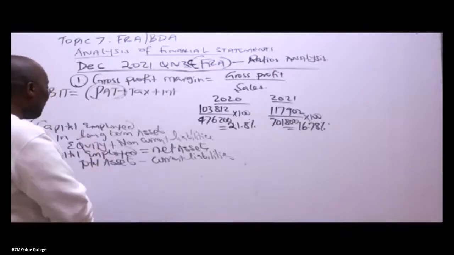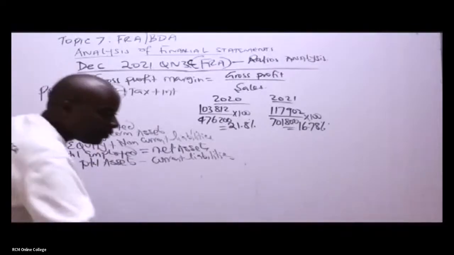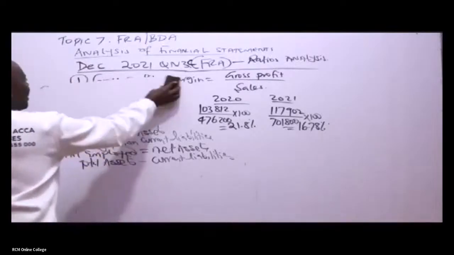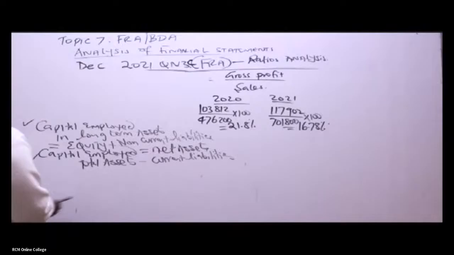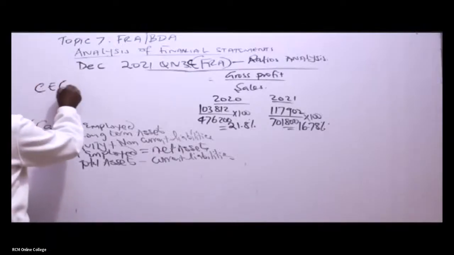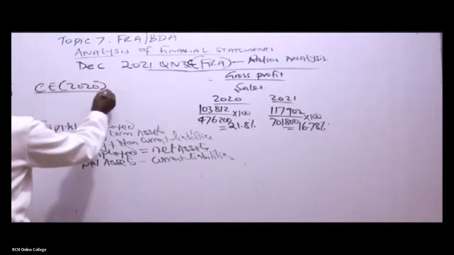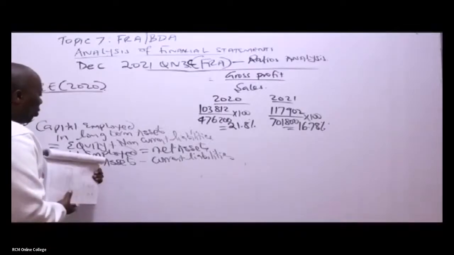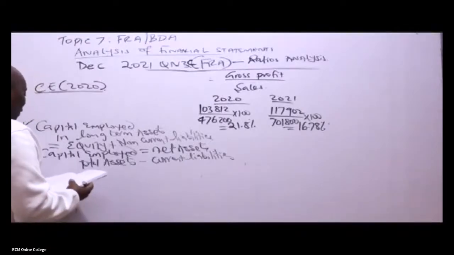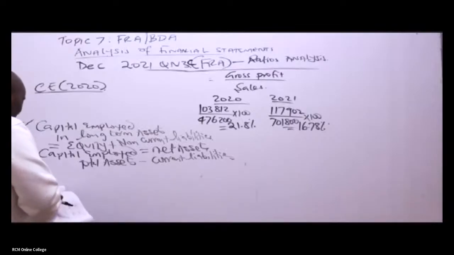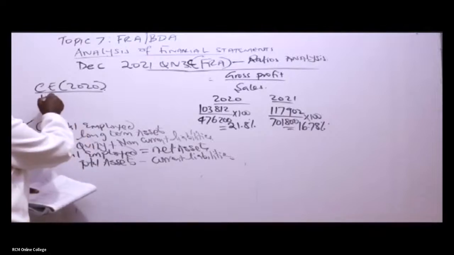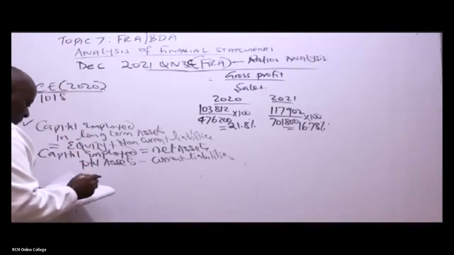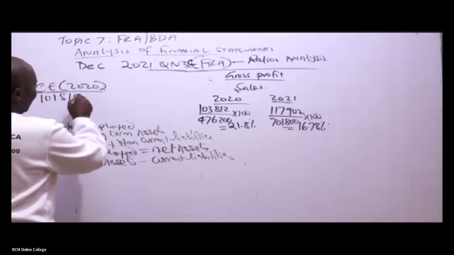And for the year 2020, I have to make work easier for you. Are you able to give me CE, capital employed, for the year 2020? Yeah, so for the year 2020, how do we get our total assets? It's very easy. First of all, non-current assets, they are 1,018,140.